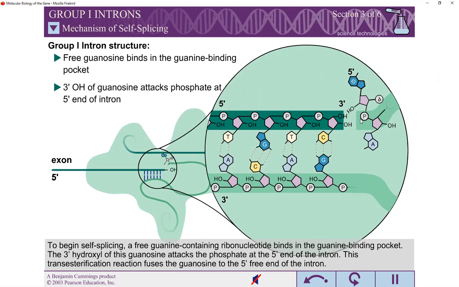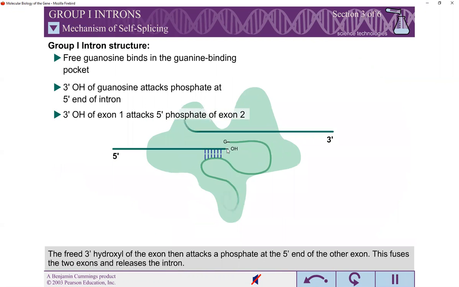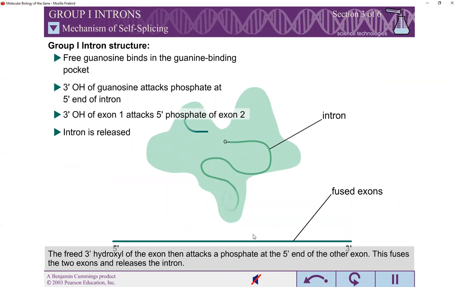The cleavage of the phosphodiester bond was taking place. Now the exon number 1, which is free, its 3' hydroxy group is free. Its 3' hydroxy group will be attacking the exon number 2. Once the exon number 2 is being attacked, the exon number 1 and exon number 2 are going to be ligated and the intron is being removed from this particular structure.